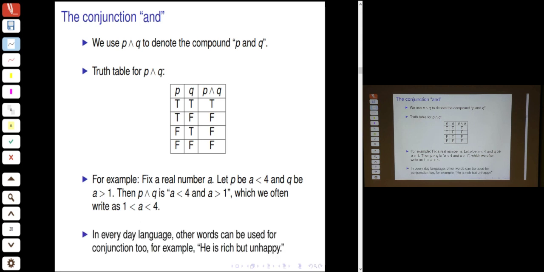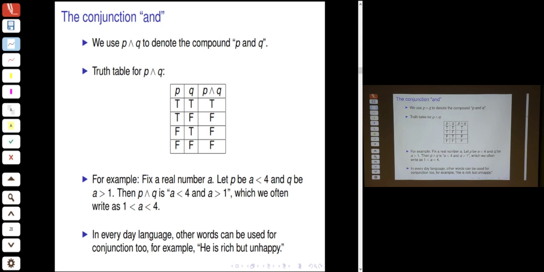Now, in mathematics things are clearer. In daily life, you may have other words to say the same thing. For example, you can use "but." In everyday language, if we move away from mathematics, other words can be used for conjunction.